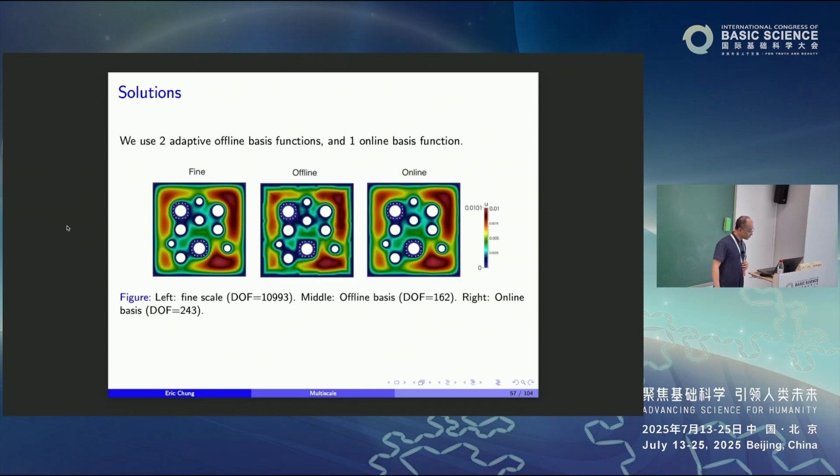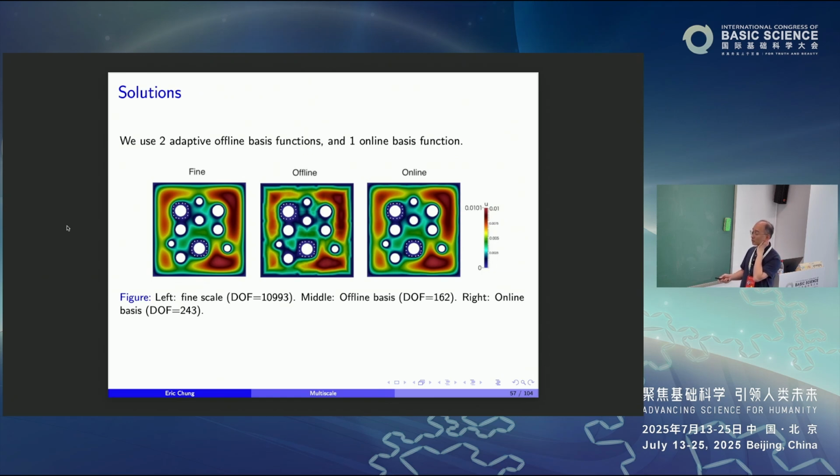Then we look at the solutions. On the left-hand side, this is the reference solution, computed using a very fine computational mesh. In the middle, we compute a solution using our scheme without the new bases that can capture global effects.